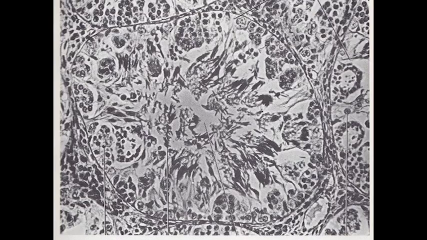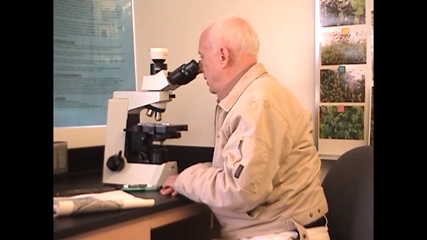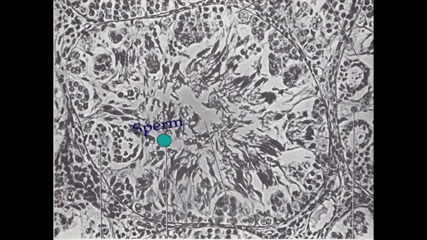Let's move on to figure number 7, the frog testes. We go to the microscope. We can see a slide here that is similar to figure number 7. What you'll see in the frog testes is that the early developing sperm cells, the spermatogonia, are on the periphery of the testes.